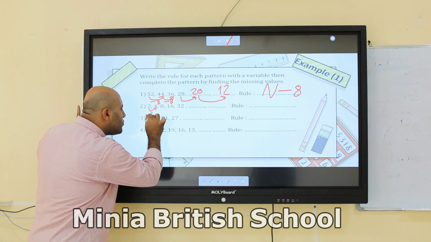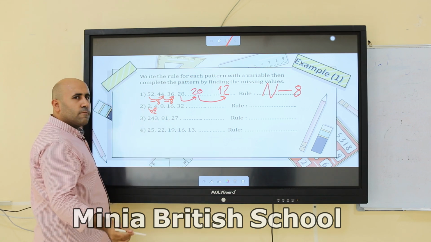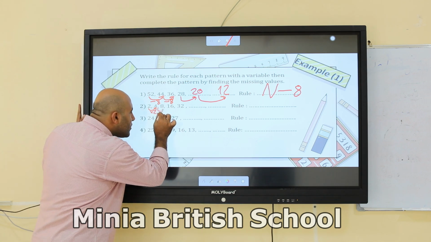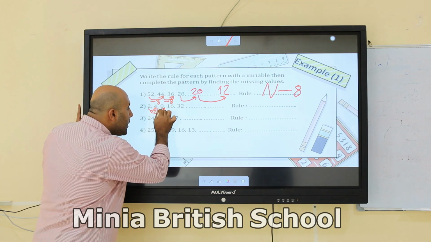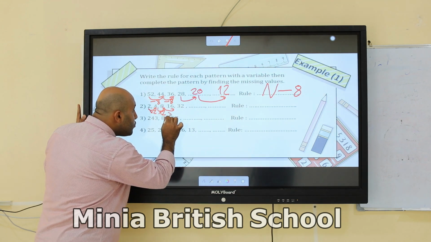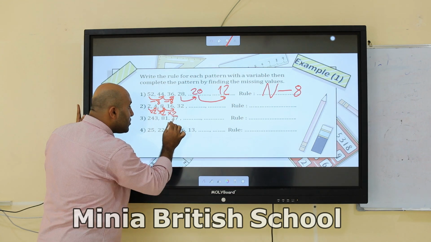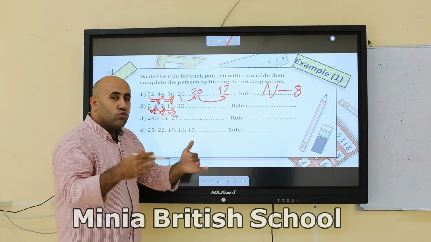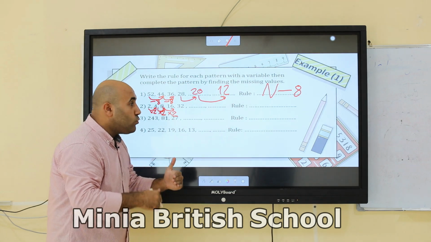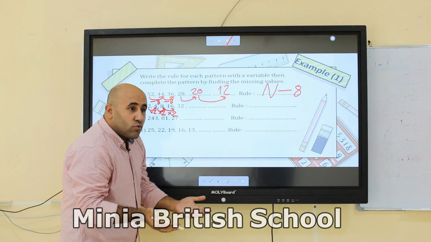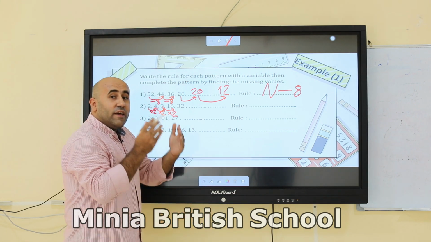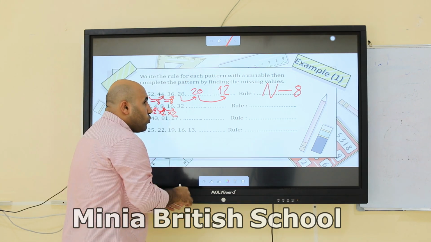2 times 2 gives me 4. 4 times 2 gives me 8. 8 times 2 gives me 16. So I see this rule can be applied to all numbers. So my rule is that each number gets multiplied by 2.